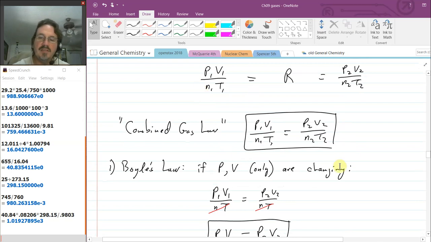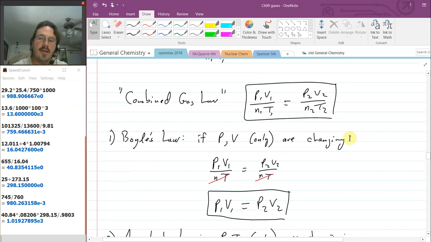So the combined gas law, and I always use this as a jumping-off springboard to go into almost any problem involving a before and after state. We're going to do an example here in just a second.